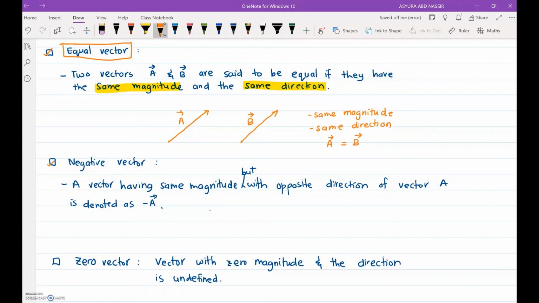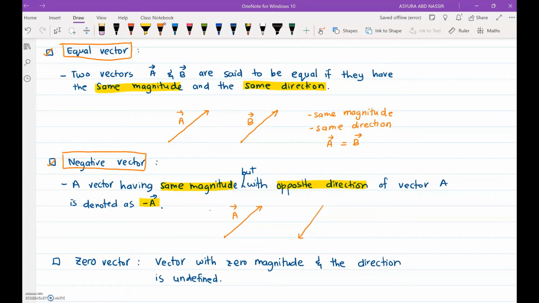Next, the negative vector. A vector having the same magnitude but with the opposite direction of A, we denote as negative A. For example, this is vector A, and we have another vector with the same magnitude but with the opposite direction.